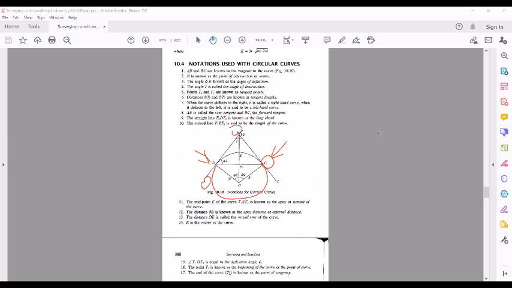The angle phi is known as the angle of deflection. This is the direction of the road initially, and this becomes the direction of the road afterwards. And this angle over here is called the deflection angle. The more the value of the deflection angle, the steeper the curvature.